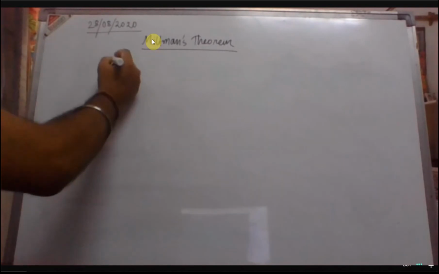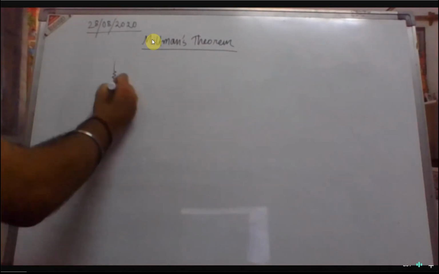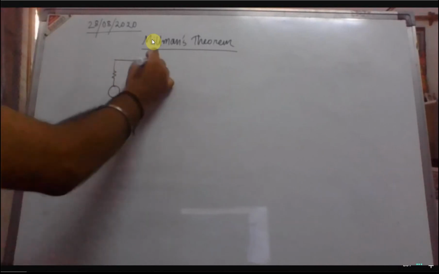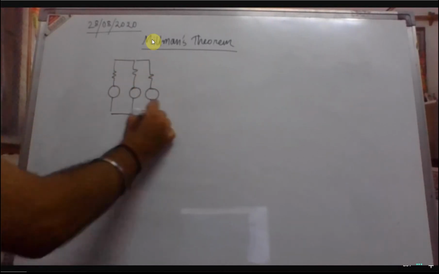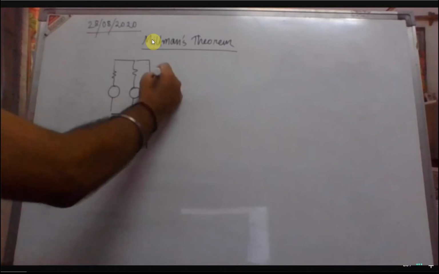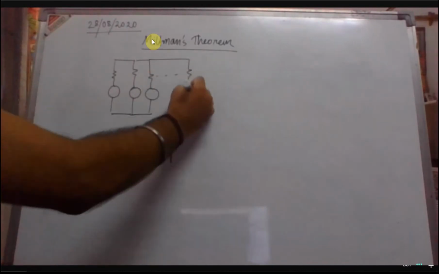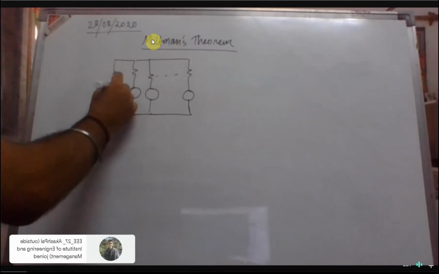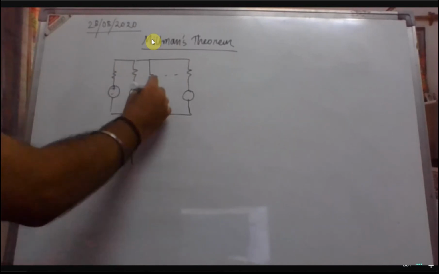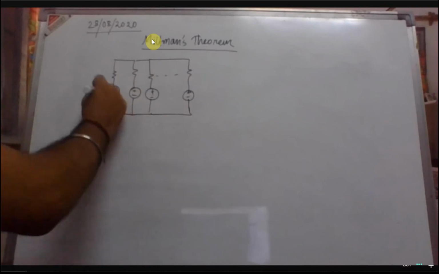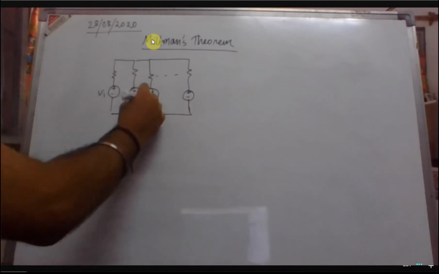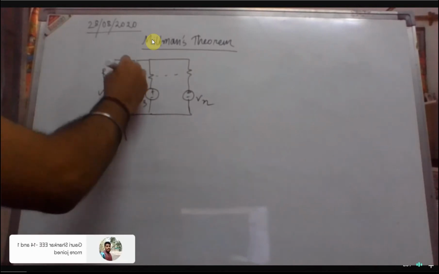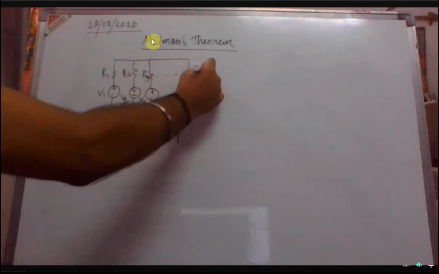What does it mean? It means that if we have a circuit like this, here you can see that all the voltage sources are connected in parallel: V1, V2, V3, up to Vn, with R1, R2, R3, up to Rn.